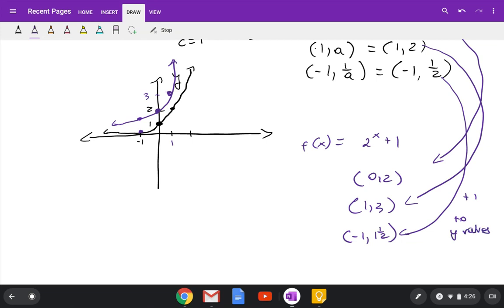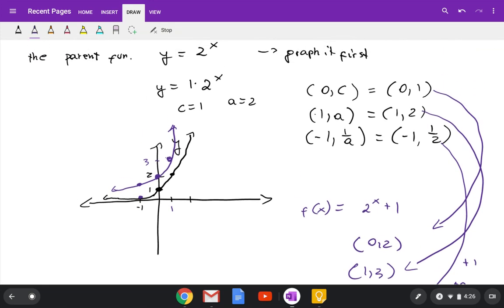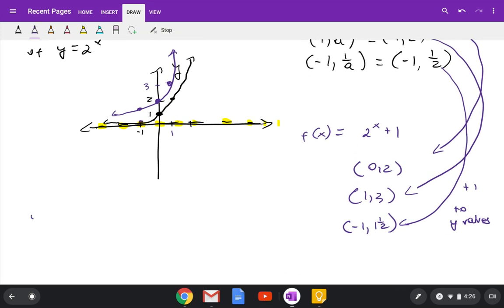You may see some graphs of transformations. What I want you to notice is that originally this graph, y equals 2 to the power of x, had the horizontal asymptote y equals 0. Now check what's happening. We graph y equals 2 to the power of x plus 1.